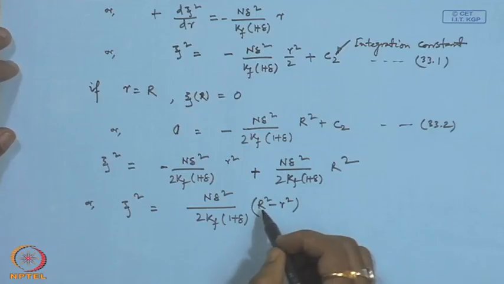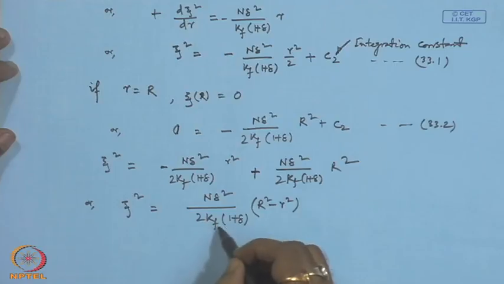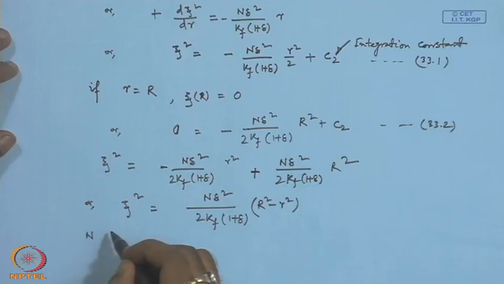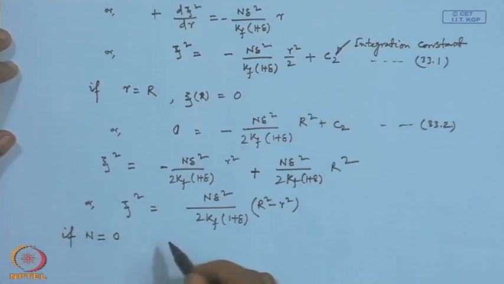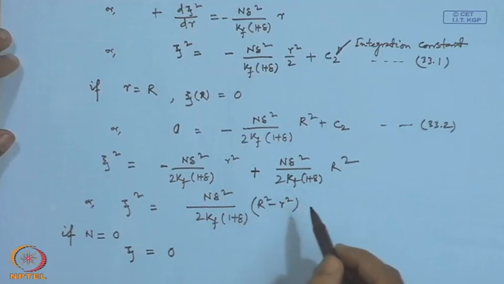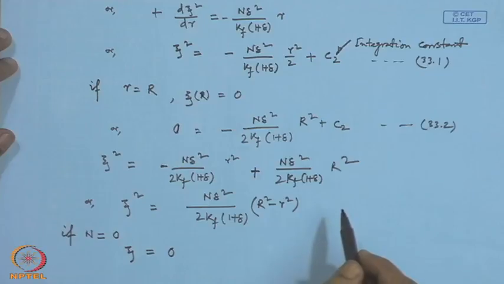This is the radius of the island, this is the hydraulic conductivity, and interestingly in this case, if we have N, which is our recharge rate, if N equals 0, then the xi value is always 0. That means if there is no recharge in oceanic islands, there will be intrusion from the bottom.